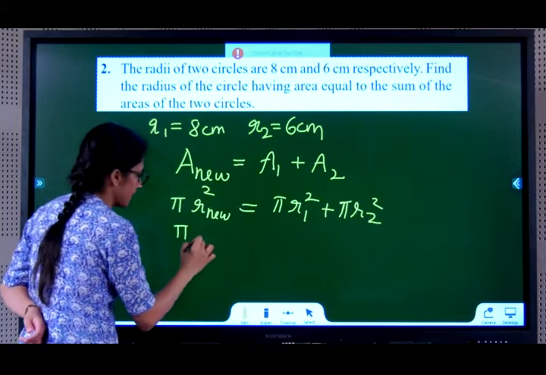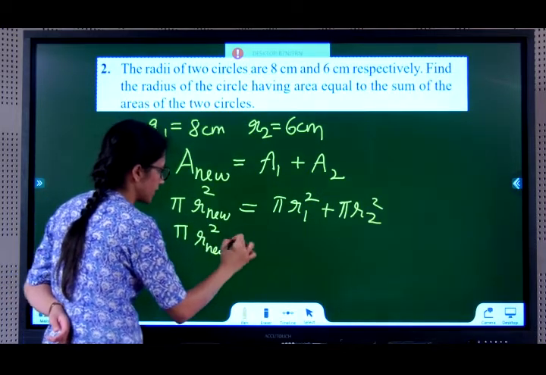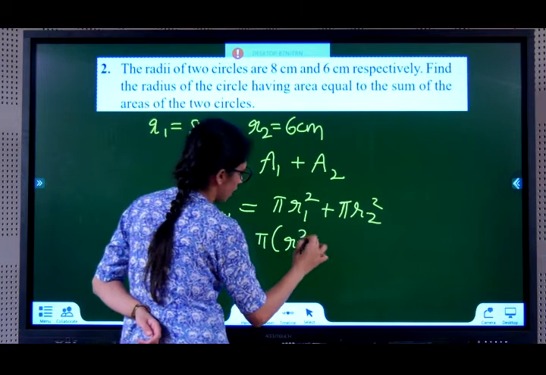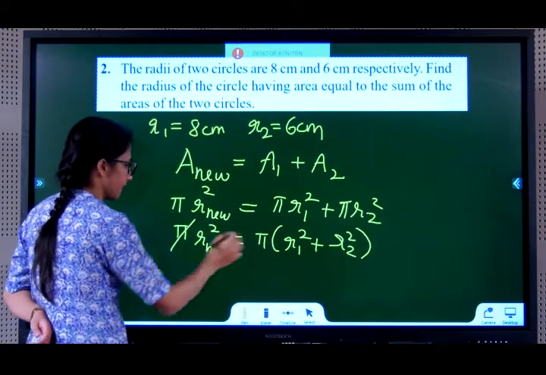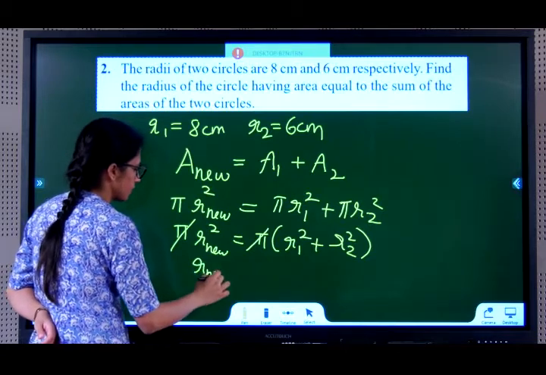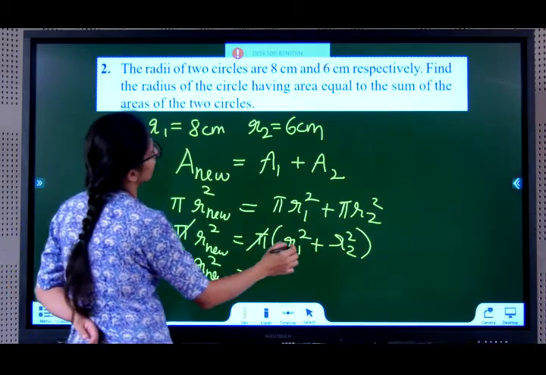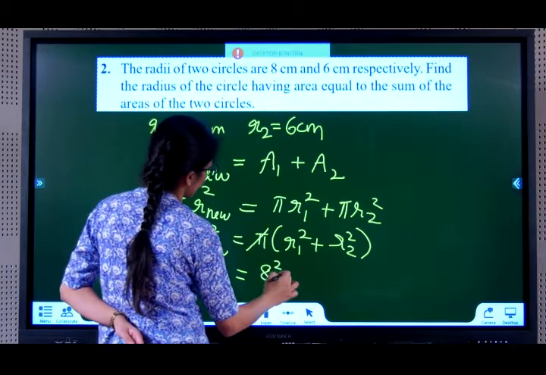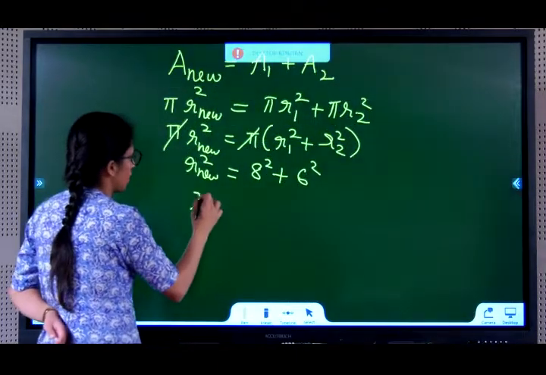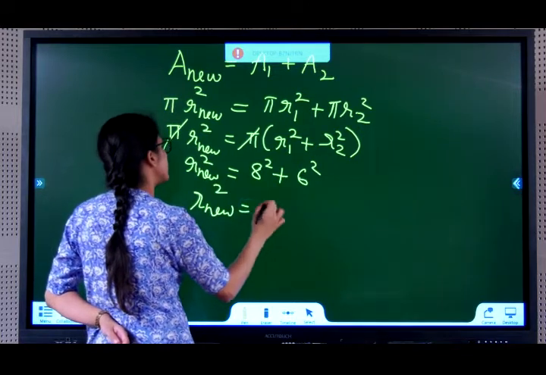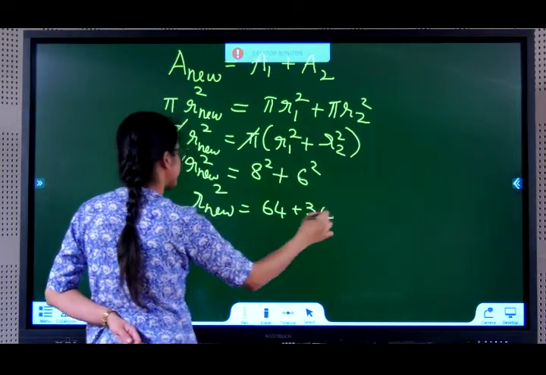Right. So pi r new square is equal to pi into r1 square plus r2 square. We took pi common here. Pi cancels. R new square is equal to R1 is what? 8. 8 square plus R2 is what? 6. So R new square is equal to 64 plus 36.